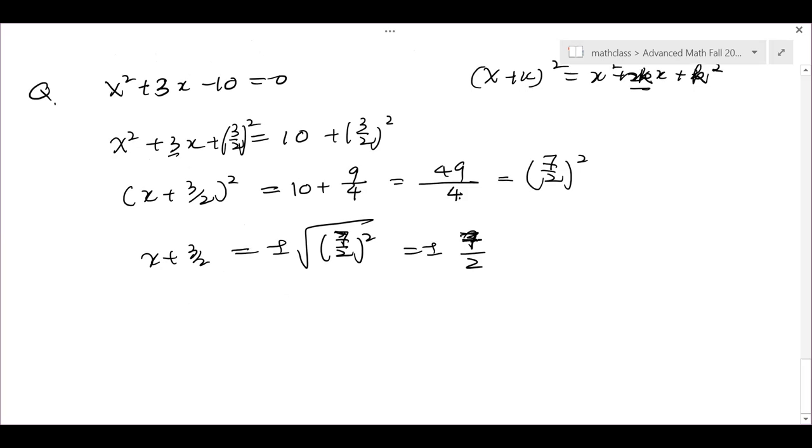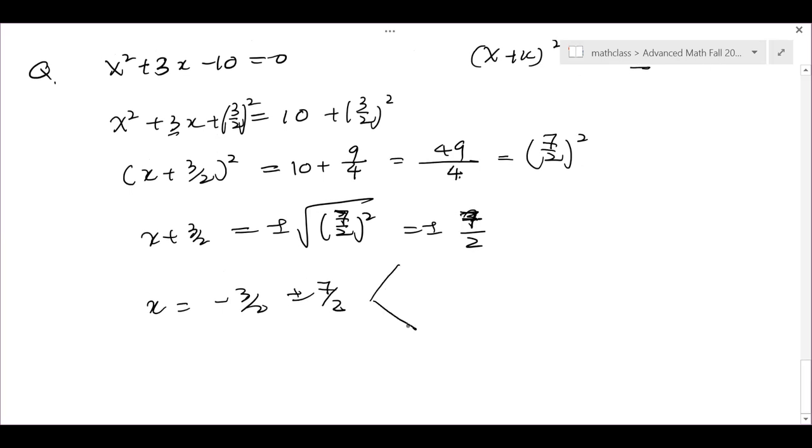Okay, so let me write these two solutions. Move 3 over 2 to the left-hand side. So we have to double check. When you choose plus, you get 7 minus 3, that's 4 over 2, which is 2.